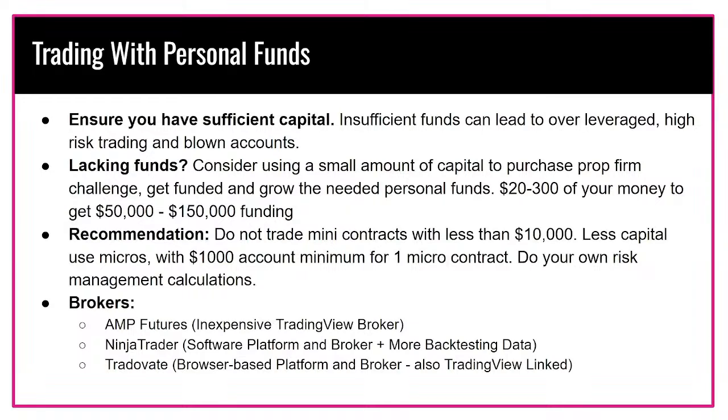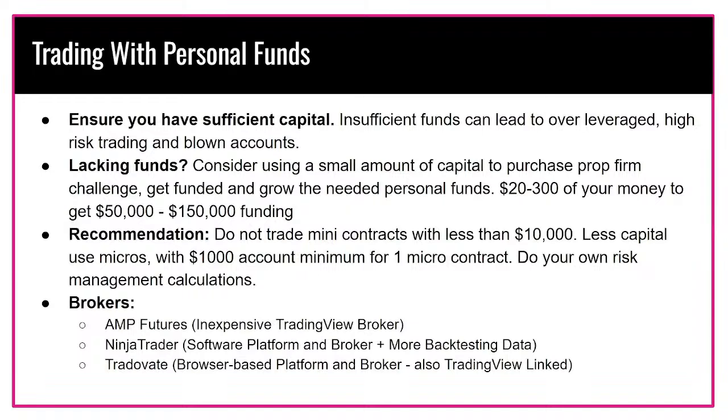If you lack significant funds to trade with, please consider using a smaller amount of capital to purchase a prop firm challenge. Once funded, you can grow the personal funds you need to trade your own capital. For example, in futures, $20 isn't enough to fund an account, and $300 doesn't really give you much room for trading with a single micro contract, leading you to over-risking.